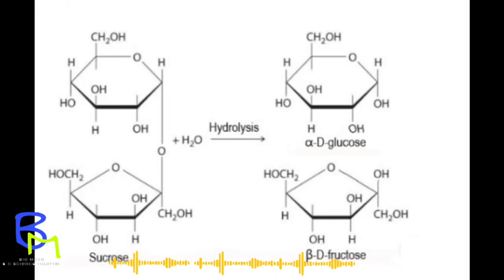Sucrose is composed of one molecule of alpha-D-glucose and beta-D-fructose, connected by a glycosidic linkage at the 1 and 4 carbon atoms of glucose and fructose respectively. During the hydrolysis test, when sucrose is hydrolyzed by hydrochloric acid in alcoholic medium, a mixture of glucose and fructose is obtained.